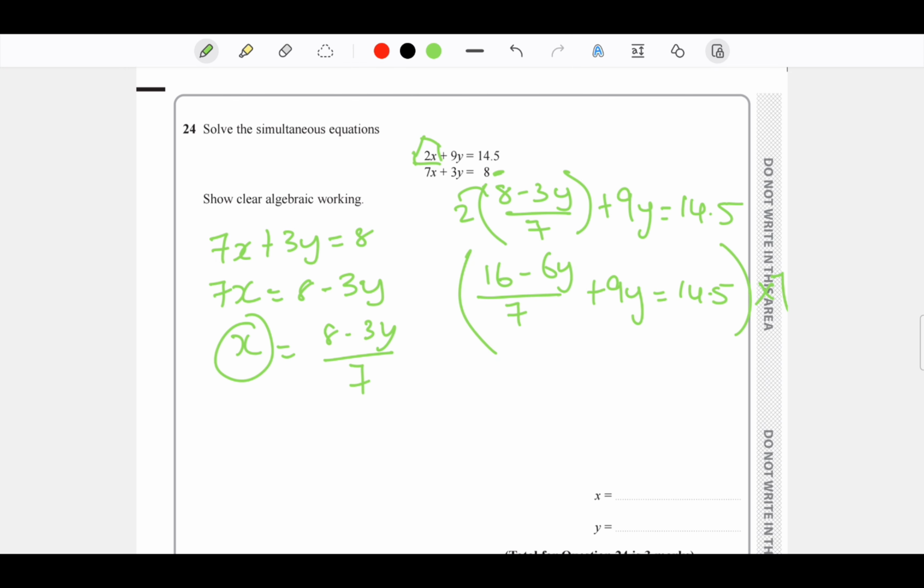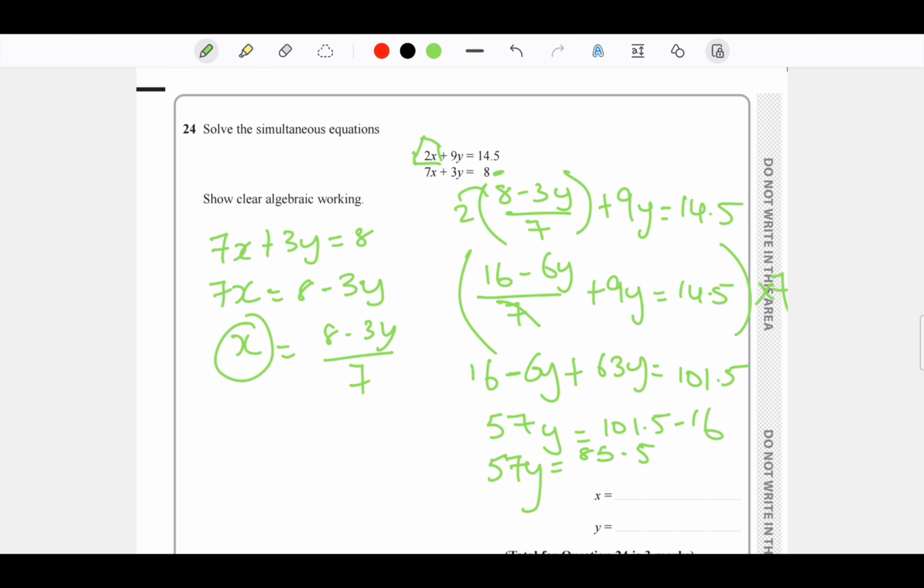Multiply the whole equation by 7, so I can cut off this. This will be 16 minus 6y plus 63y equals 101.5. Bring all the y's to one side. You're going to get 57y equal to 101.5 minus 16, which is 85.5.